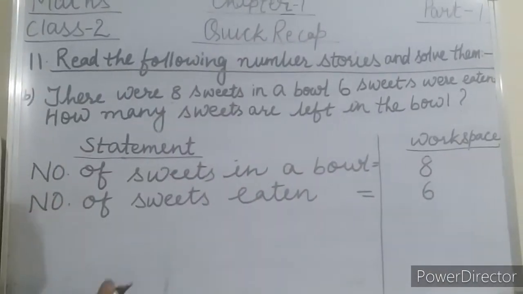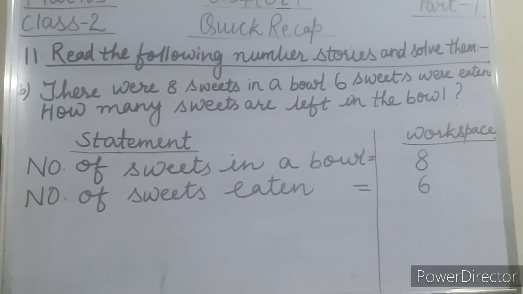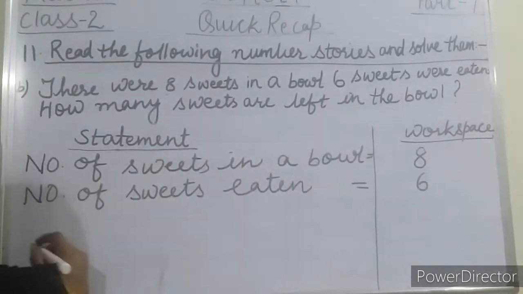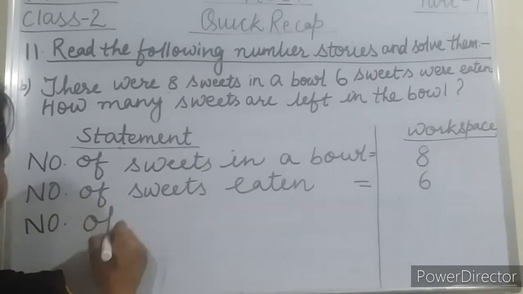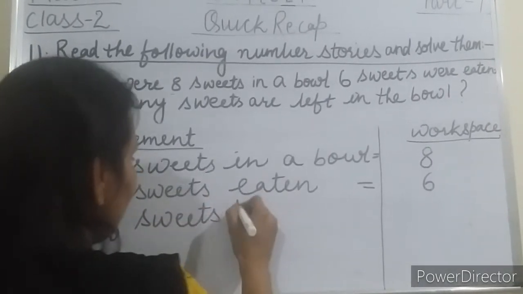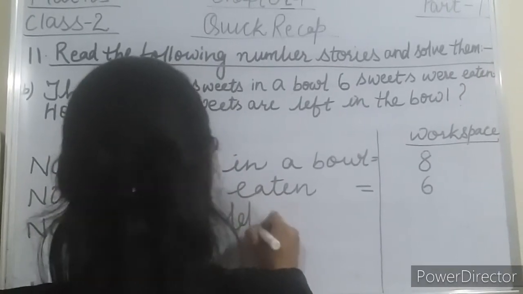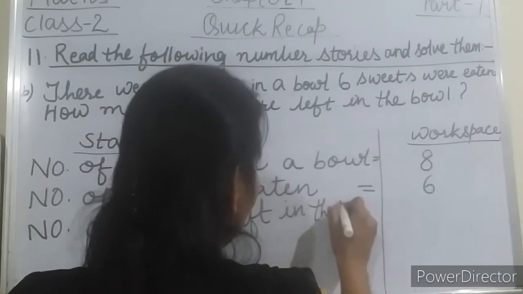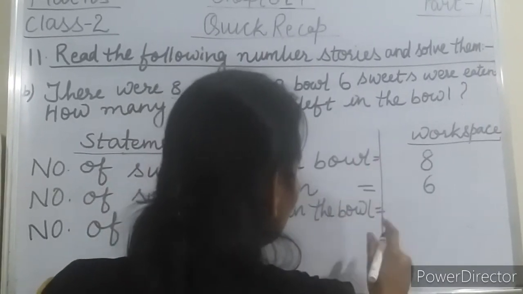Now tell me students, what will I write in the third statement? How many sweets are left in the bowl? So what will we write here? Number of sweets left in a bowl is equal to.